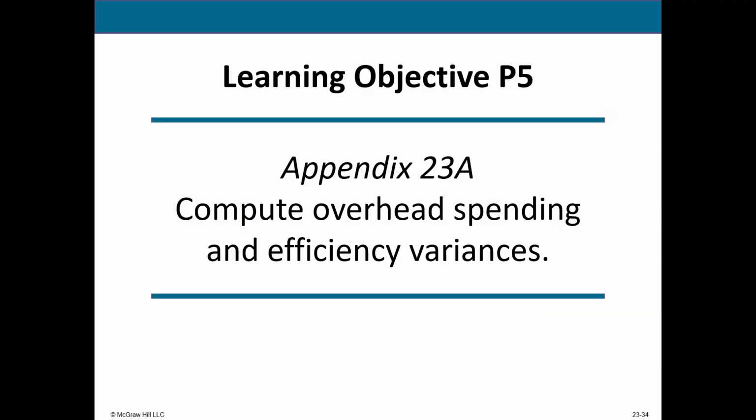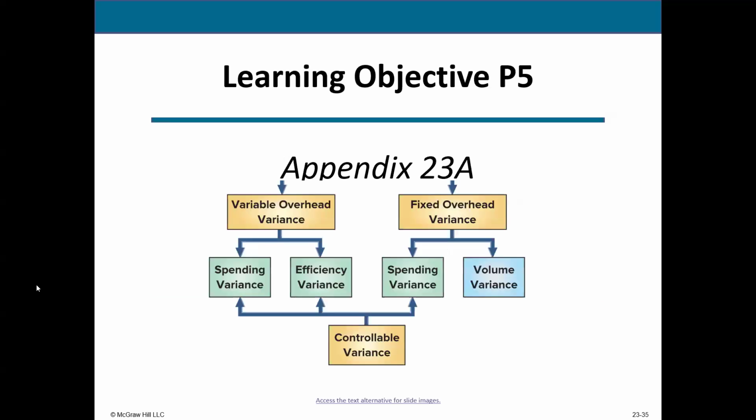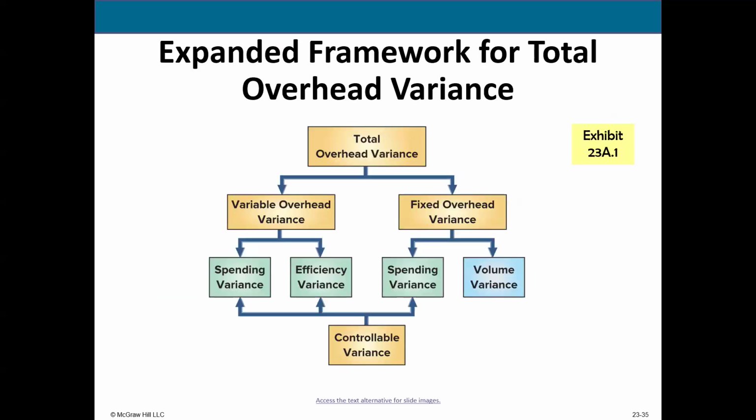We can see these variances in a nice flow chart, which looks like this here. Total overhead variances can be separated out into variable and fixed components. And then we can further analyze those variable and fixed components with other variances: spending variance, efficiency variances, volume variances, and controllable variances overall.